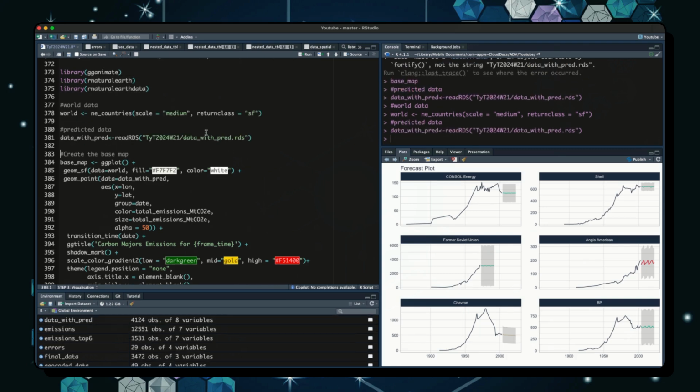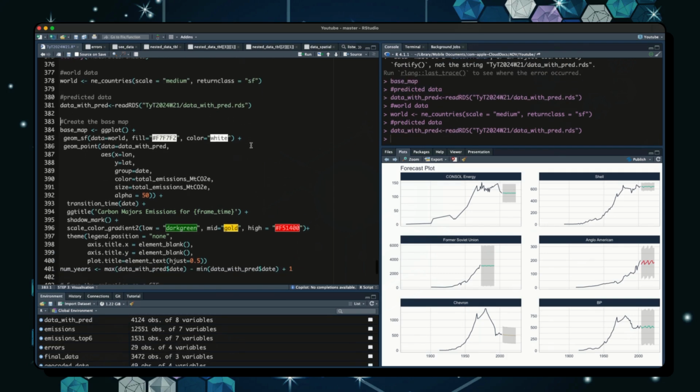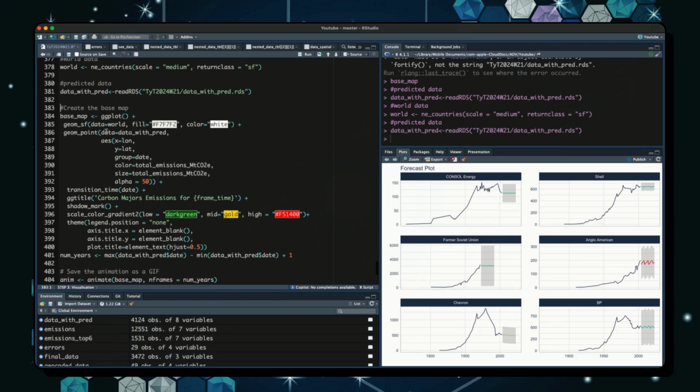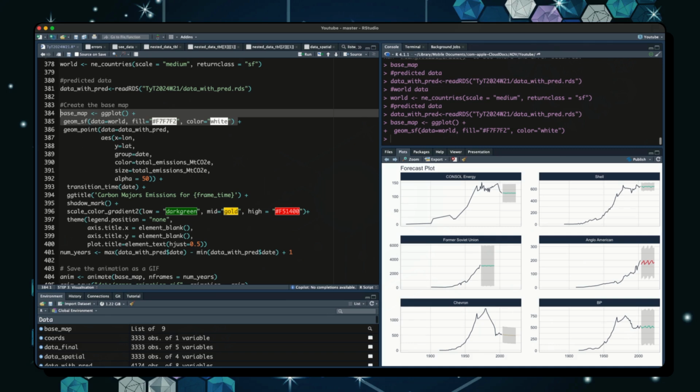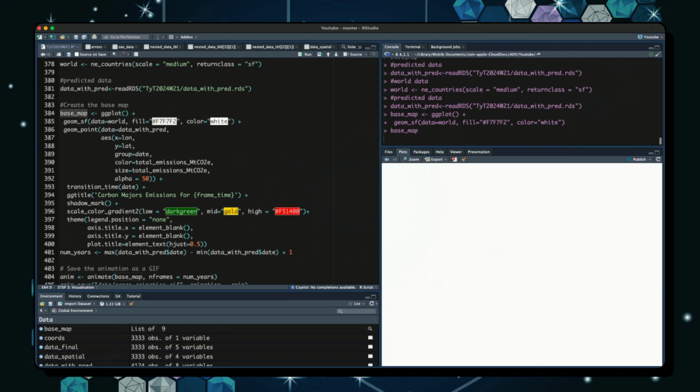I'm going to load the data that we have just predicted, and let's go to the step where we are creating our map.